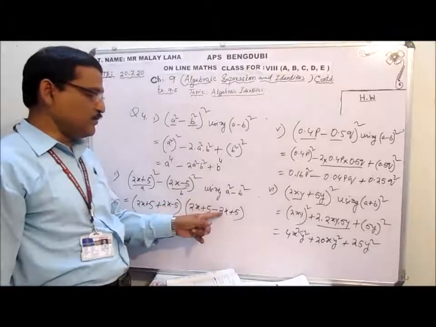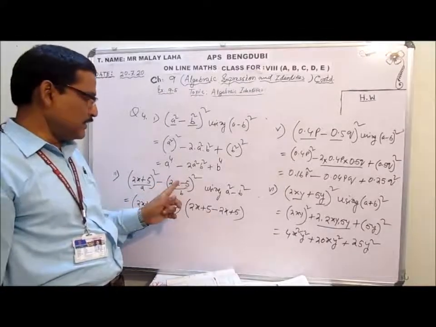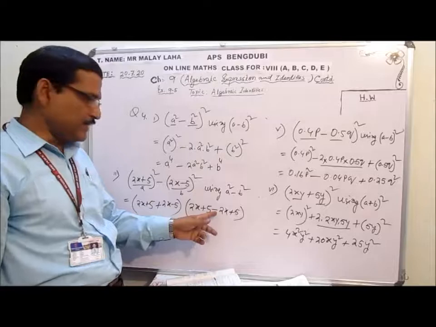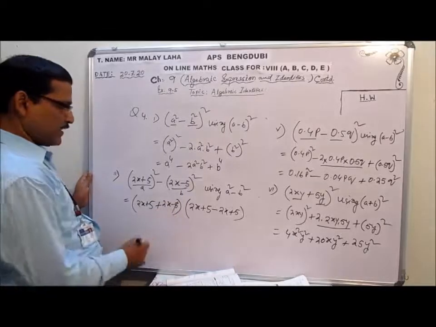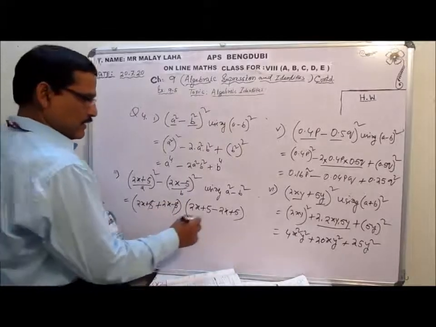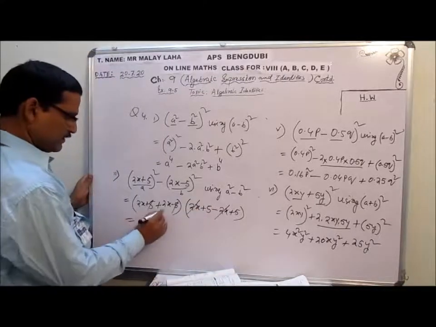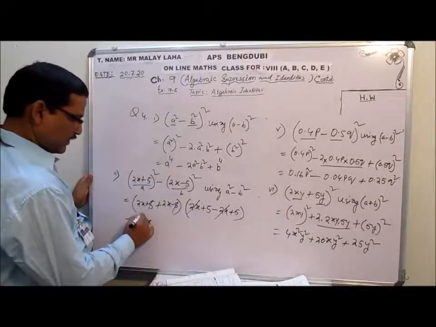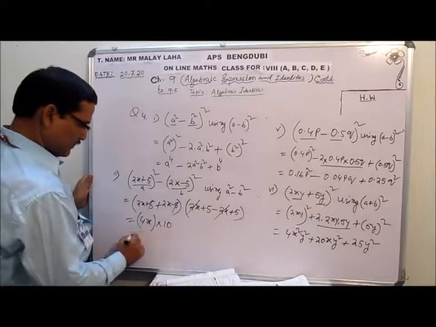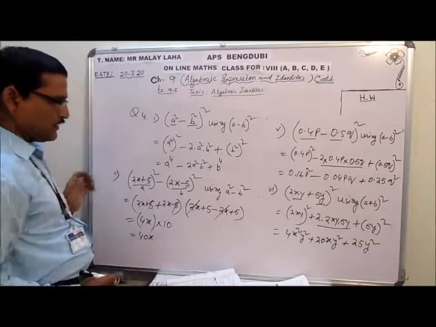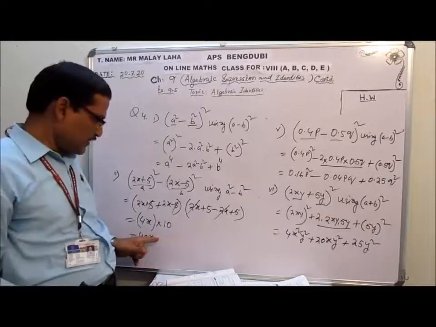When we write anything before a minus sign, the next number must have its sign changed. Now what is there? Minus 5 plus 5 get cancelled. Here minus 2x plus 2x gets cancelled. What is left out here? 2x plus 2x is 4x, into 5 plus 5 is 10. That means 40x. So in only 3 attempts you can finish it. Clear?